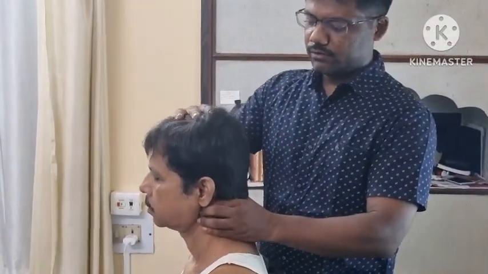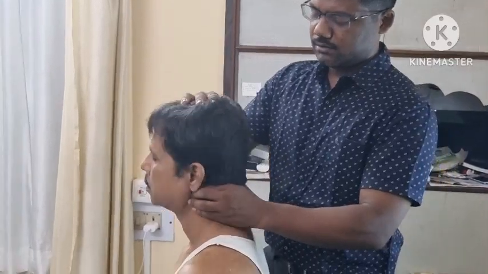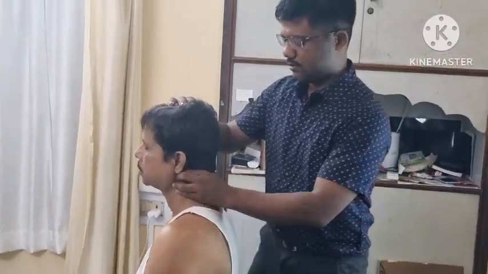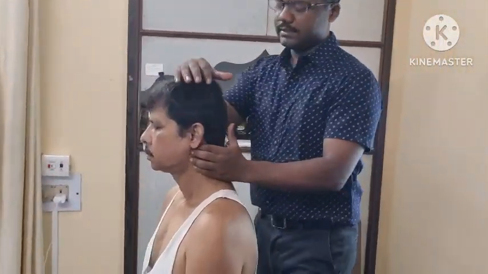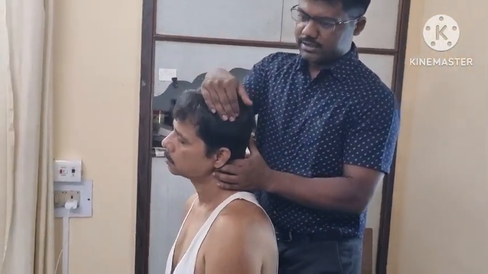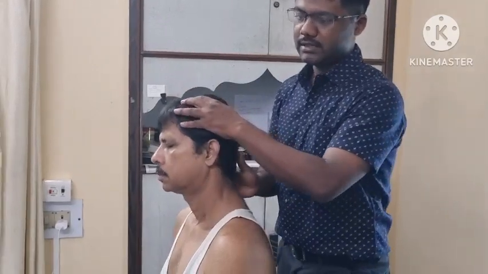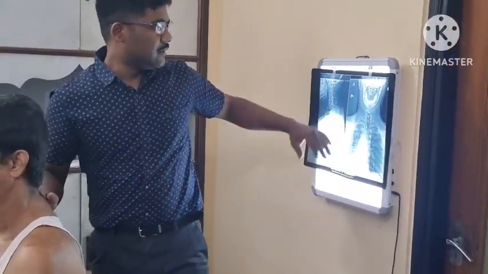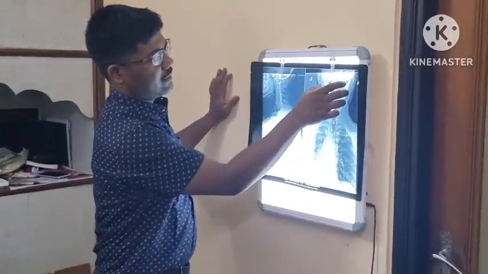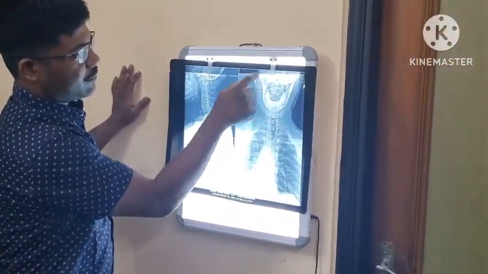The first thing that we do is the side bending to the left, and then side bending to the right. You can clearly see the side bending towards the left is way more restricted than the side bending towards the right, which is what we should expect, because the upper cervical is lifted up on the left side.